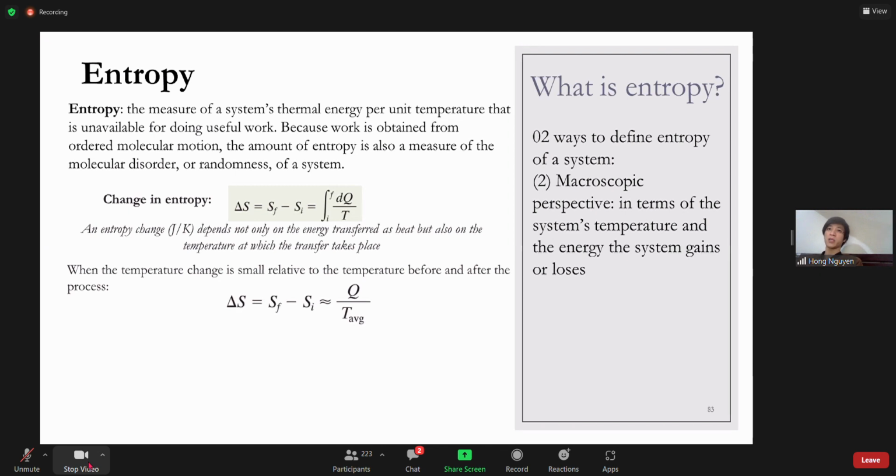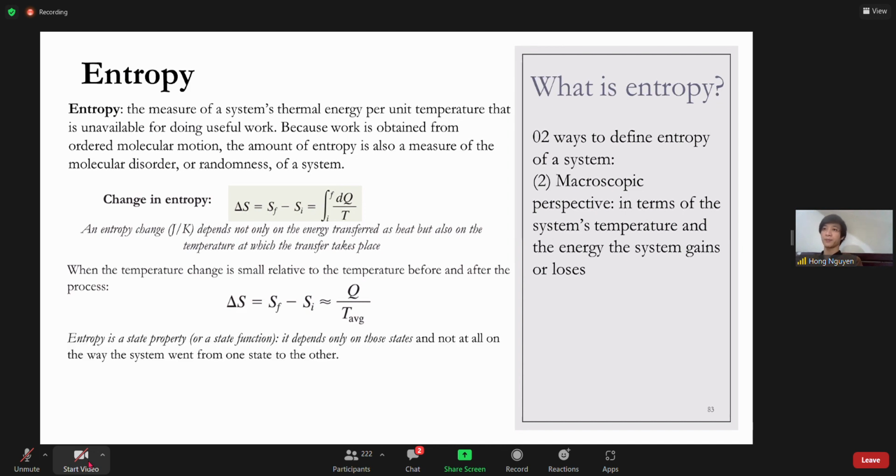This is only when the temperature change is small relative to the temperature before and after the process. Good. Or if we have a constant temperature, then this one becomes T. For an isothermal process, for example, the change in entropy is the ratio between heat and temperature, since when we have no change in temperature, we can write it like this.